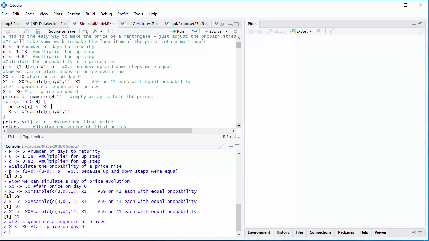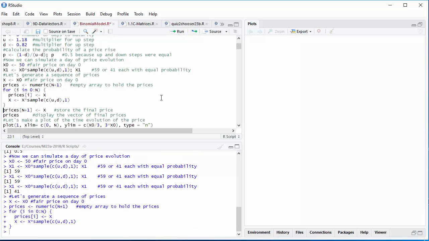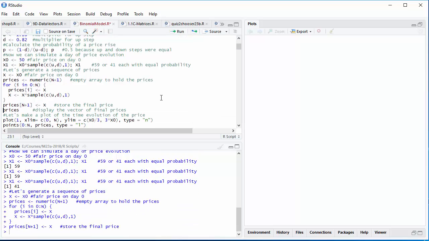So what do I do on each day? I store the price that I most recently calculated and then multiply it either by 1.18 or 0.82. I have to remember to store the final price, and then I can display this.